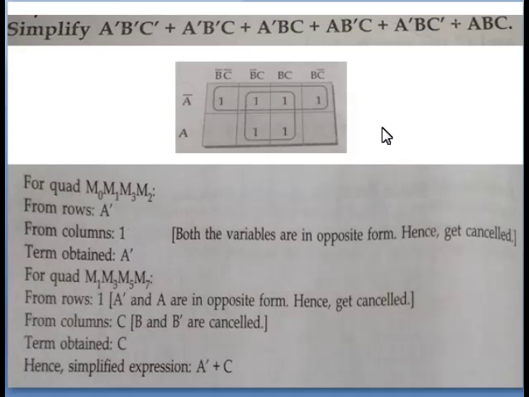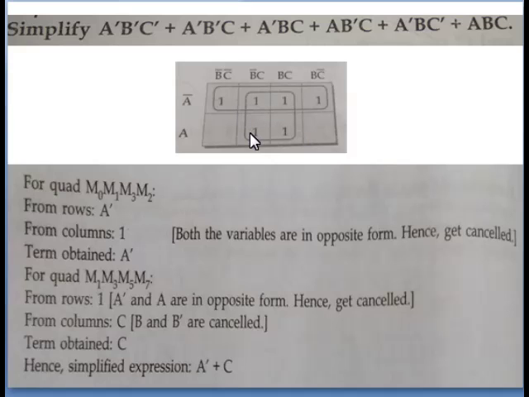The next step is grouping, or framing, the K-map. When we group the K-map, the first priority is the octet. Octet means a group of 8 ones together. Here, how many ones are there? 1, 2, 3, 4, 5, 6.